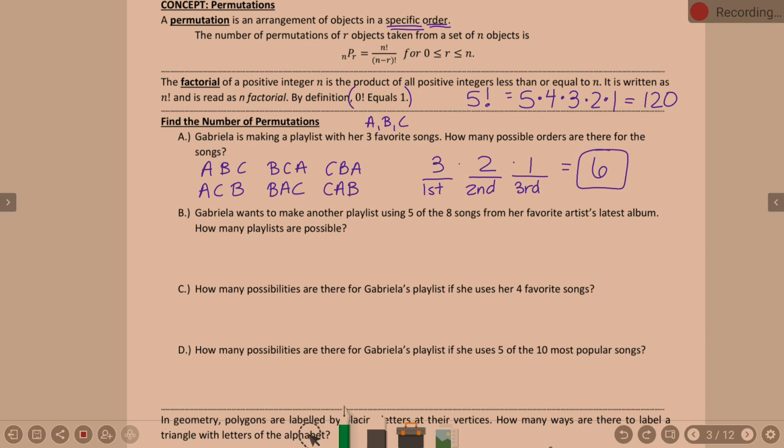She's picking from 8 songs. Now, I'm going to set it up as blanks, but then I'm also going to show it with the permutation formula. Okay, so she's picking how many songs? 5. She's got to pick the first song, the second song, the third, the fourth, and the 5th. Yes?